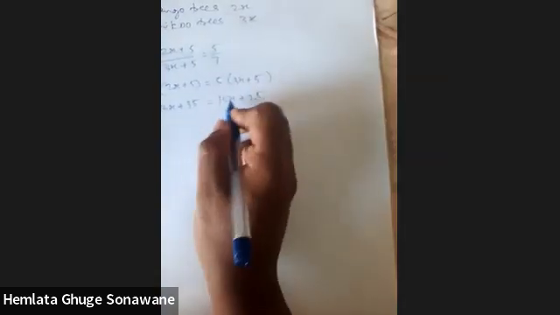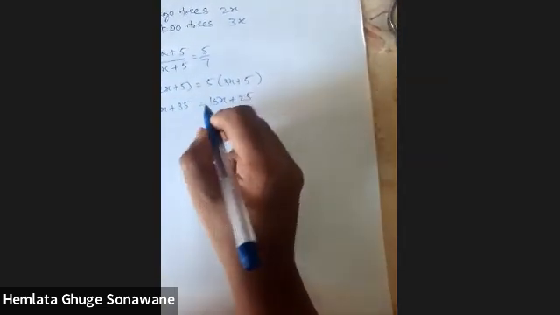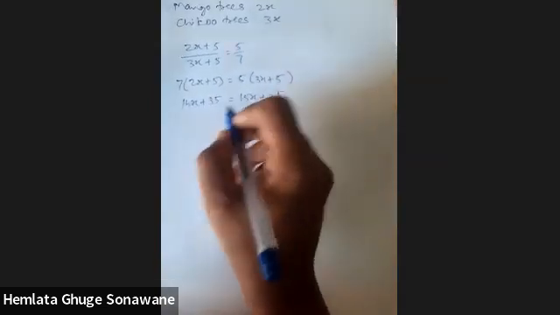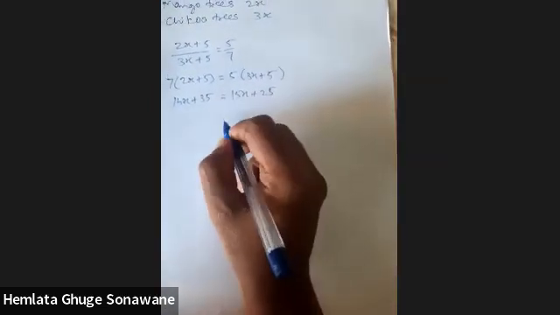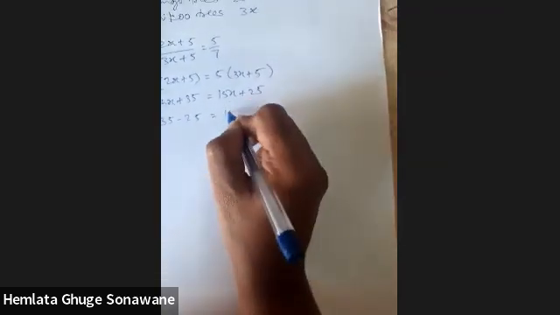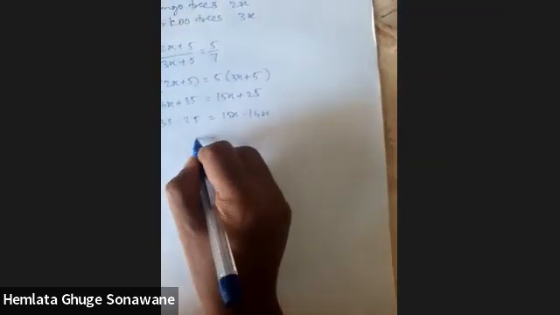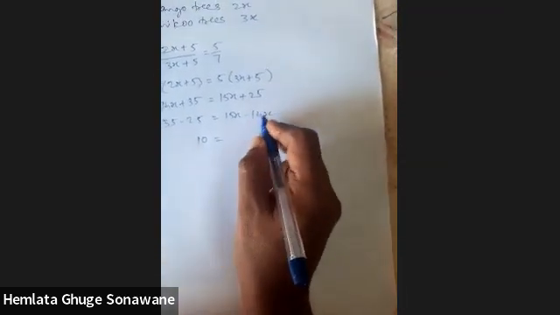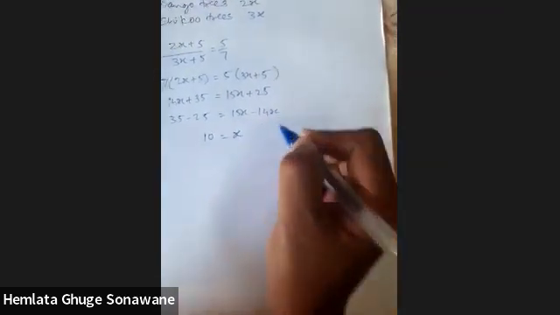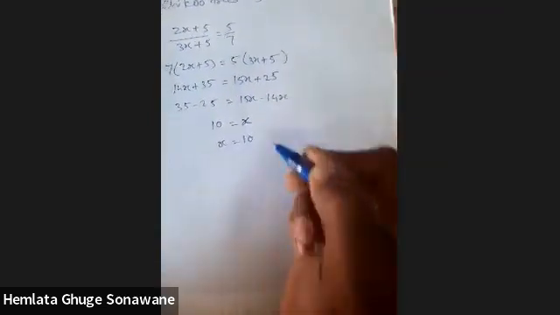Now we'll take this 14x towards the right hand side, so it becomes minus, and this 25 towards the left hand side, so it becomes minus. So 35 minus 25, 15x minus 14x. 35 minus 25 becomes 10, and 15x minus 14x becomes 1x, that is x. Now we have the value of x as 10.